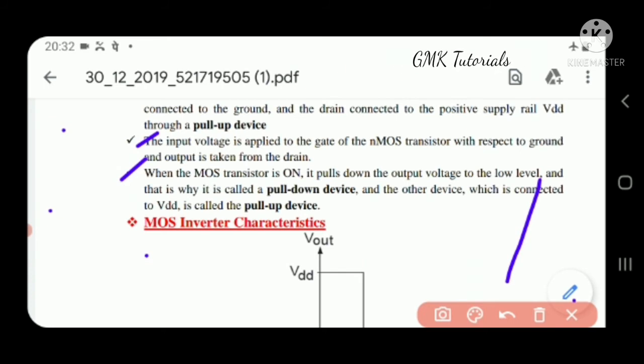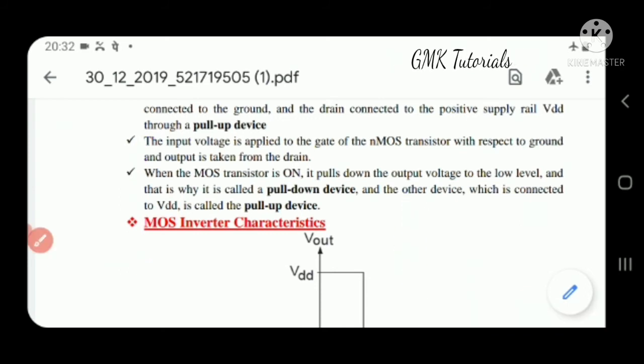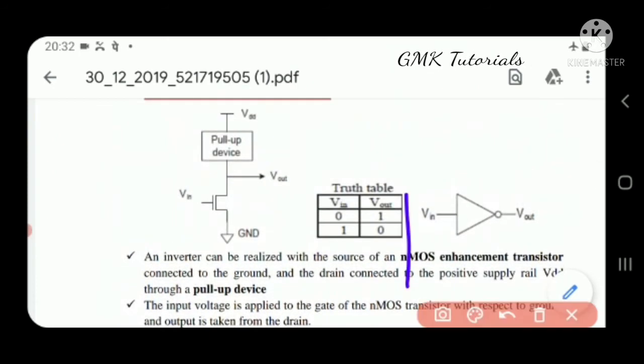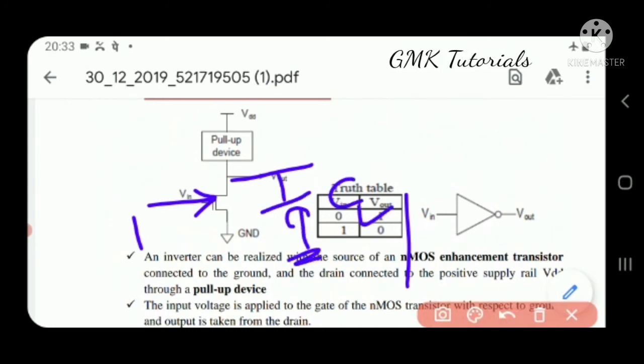When a MOS transistor is in the on condition, suppose we apply the input value equal to 1, at that time this NMOS transistor is on. Let us assume that it also has some load capacitance CL, which can be treated as the output here.